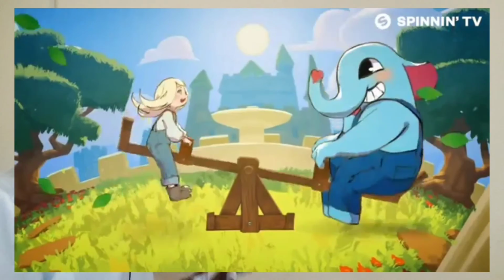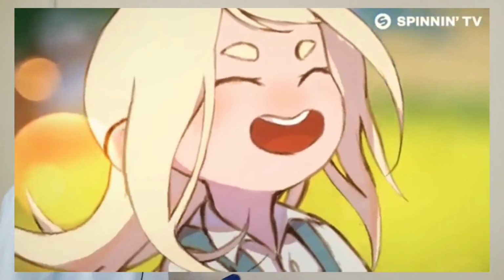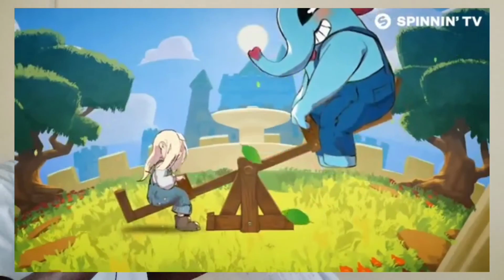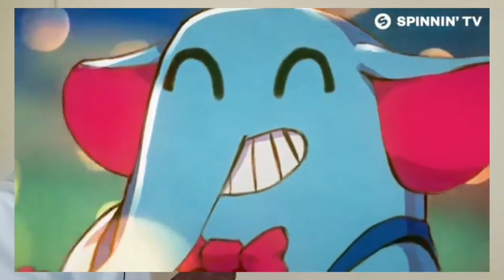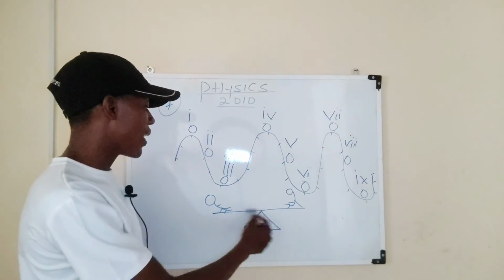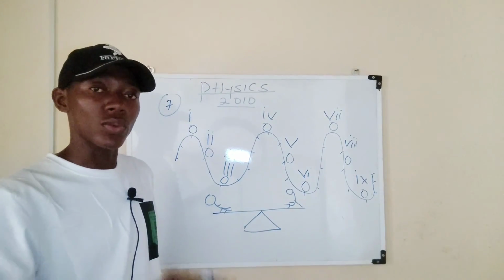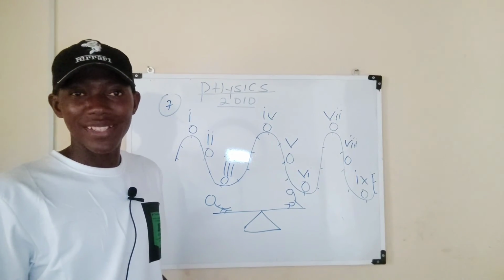This is a boy sitting here and this is another boy sitting here. Now if there is a weight difference, you see one going up, the other coming down, and so on and so forth. But if these two boys have equal weight, they are going to balance it such that it will not go up, it will not come down. At that point, we'll say they are in equilibrium. Are we getting it now?